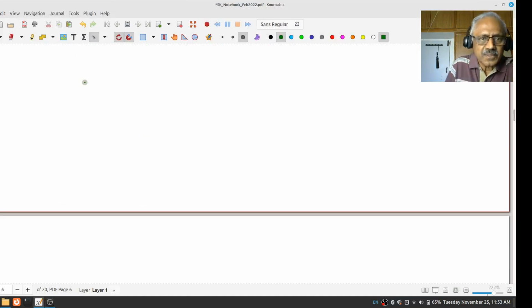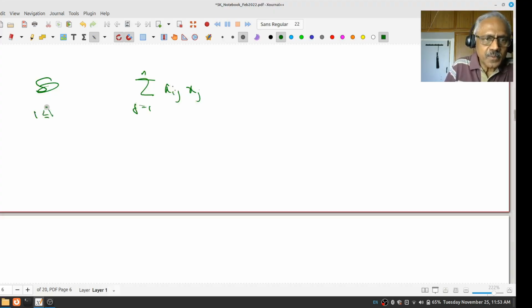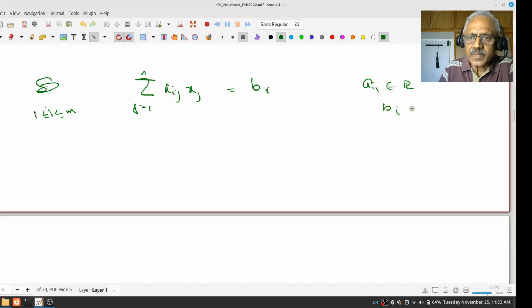Okay, let us recall solutions of a linear system. Suppose I have a linear system, the sum over j from 1 to n of a_ij x_j equals some b_i, for 1 ≤ i ≤ m, where the a_ij's are real and b_i's are real.